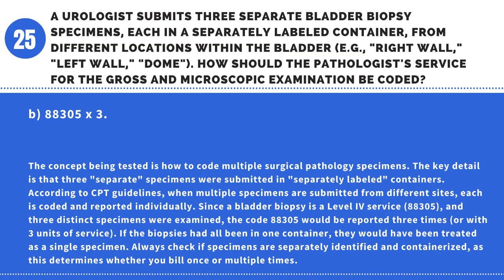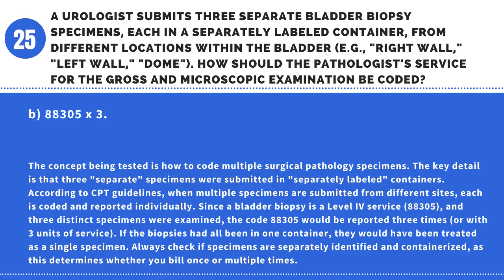Answer: B. 88,305x3. The concept being tested is how to code multiple surgical pathology specimens. The key detail is that 3 separate specimens were submitted in separately labeled containers. According to CPT guidelines, when multiple specimens are submitted from different sites, each is coded and reported individually.